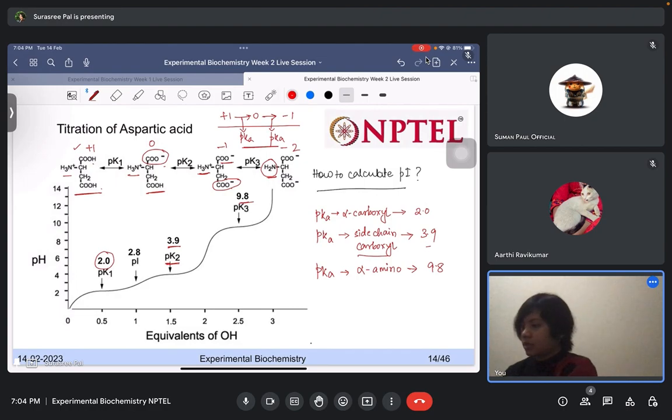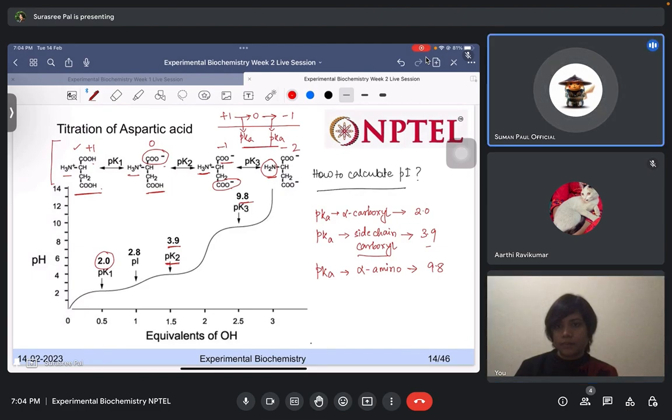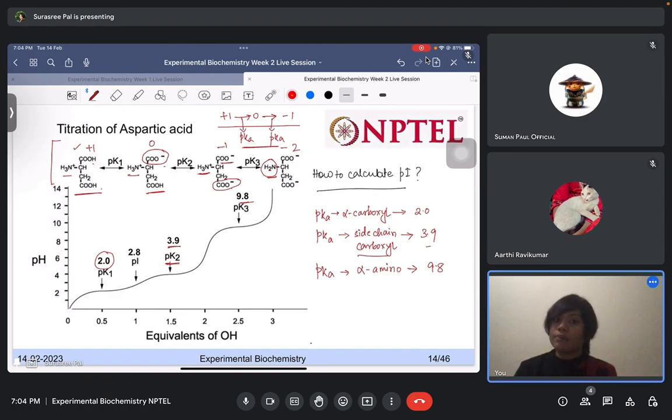So take a look at this structure and tell me which are the pKa values. From +1 to 0 to -1.